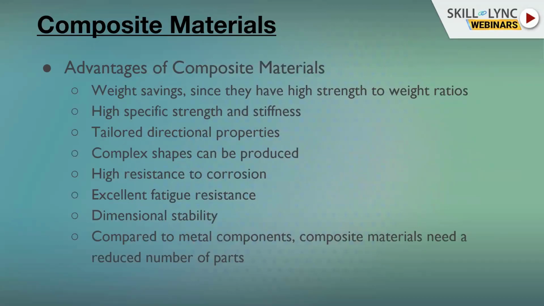So what is the reason that we are now looking into composite materials? Why don't we just work with the conventional materials that we have, like steel, aluminum, titanium? Why do we have the requirement for advanced materials, in this case composite materials? The main thing is the whole industry is driven by a philosophy of weight saving.